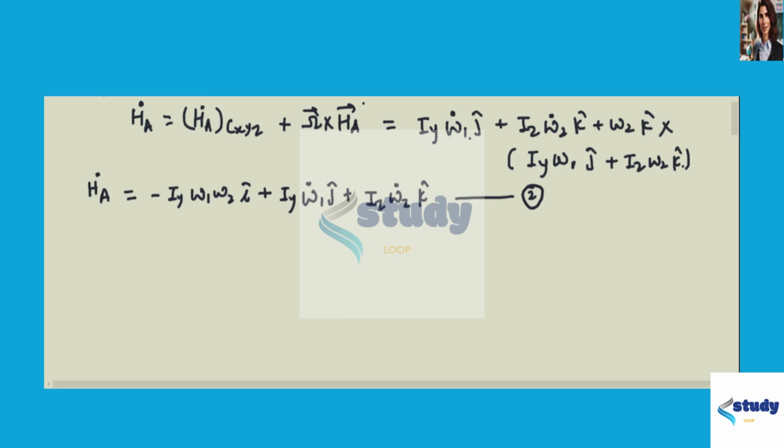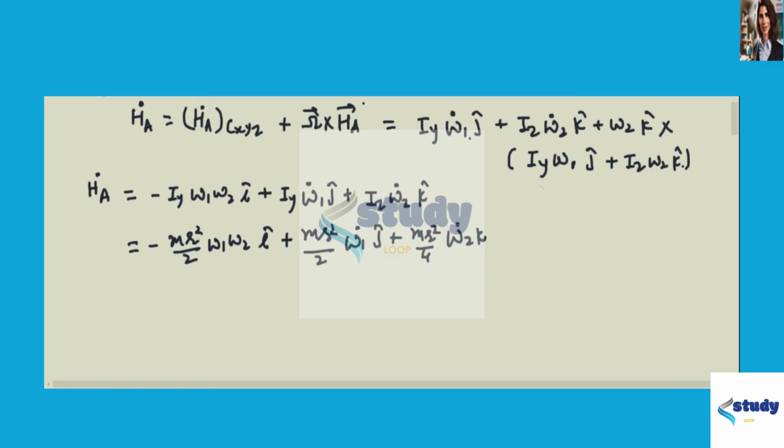We can here substitute the value of moment of inertia. Then Iy will be mr square by 2, giving mr square by 2 omega 1 omega 2 I cap, mr square by 2 omega 1 j cap plus mr square by 4. This is equation 3.